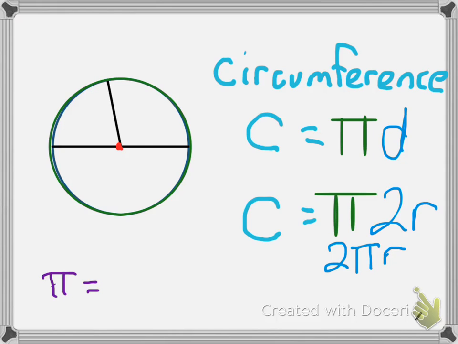You'll see it that way too. And pi, just to remember, as a number we estimate it to 3.14, 3 14/100. So that is the circumference of a circle.